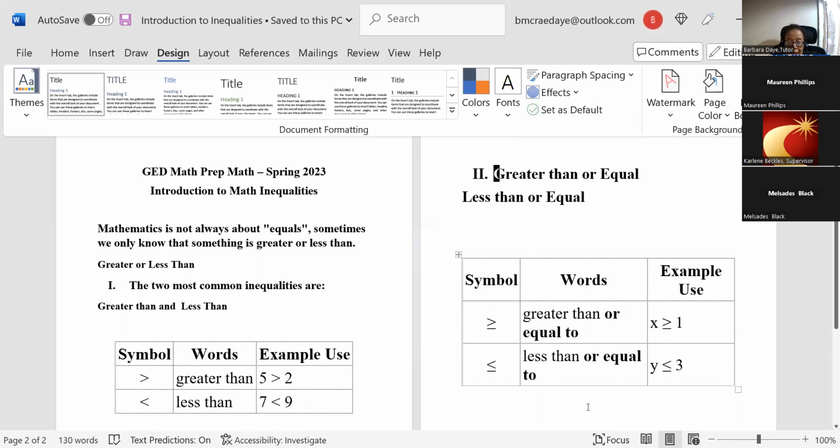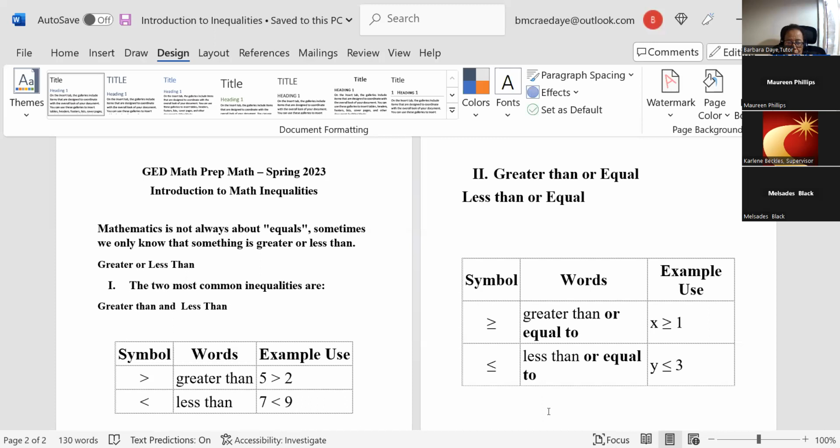So if I gave you numbers to compare, you could tell me which ones are greater than, which ones are less than, which ones are equal, just by comparing the two numbers. If I said you had two numbers, 100 and 150, how could you tell me that with inequality symbols? What would you say, Mercedes?